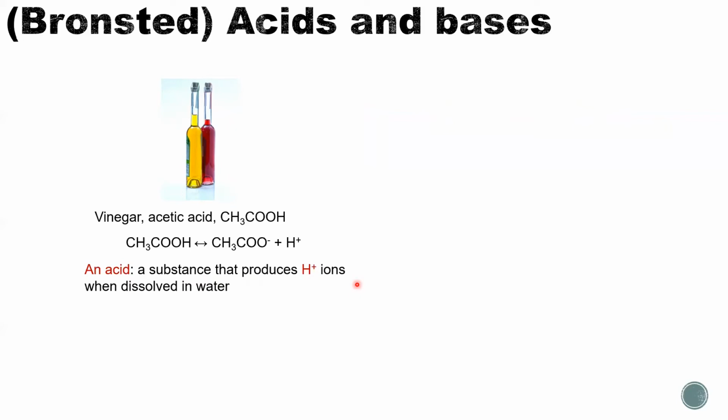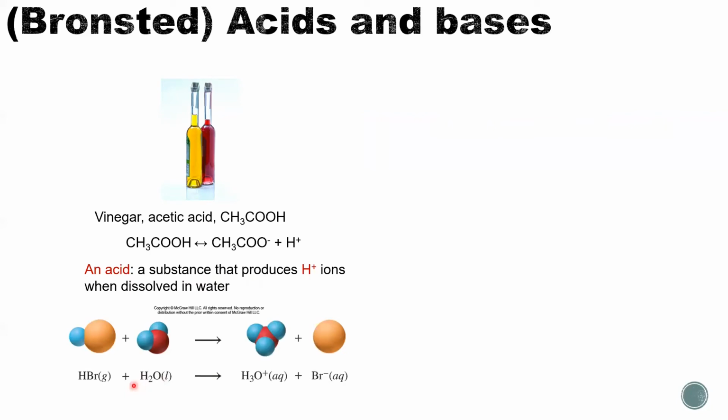Actually, in the water, the H+ does not exist just by itself. It will combine with the water molecule and give you H3O+ in the aqueous solution. But usually we simplify that chemical formula and just write H+. This H3O+ is called the hydronium ion.